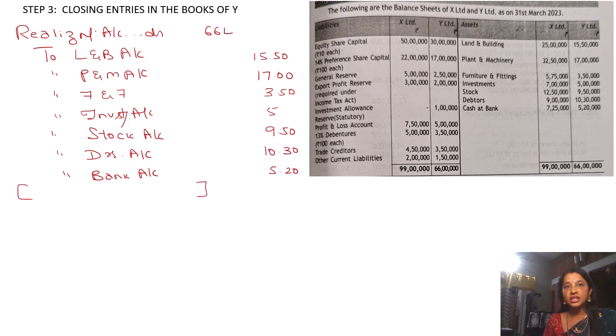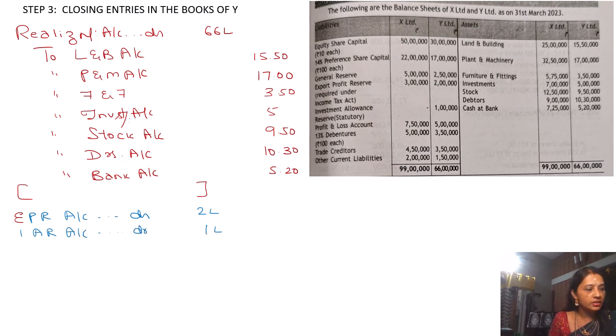The second entry is amalgamation in the nature of merger. We transfer all the liabilities except share capital to realization account on the credit side. So the entry will be: profit reserve account debit. Amount is 2 lakhs. Then investment allowance reserve account debit. Amount is 1 lakh.